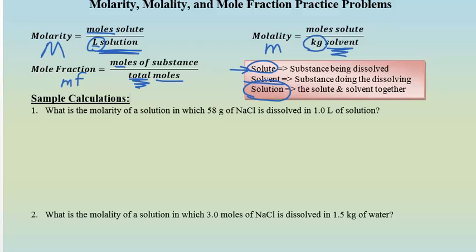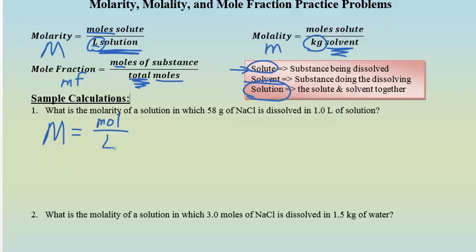Okay, what is the molarity? So of course we know that our equation is going to be molarity equals moles over liters. So what is the molarity of a solution in which 58 grams of NaCl is dissolved in 1 liter of solution?